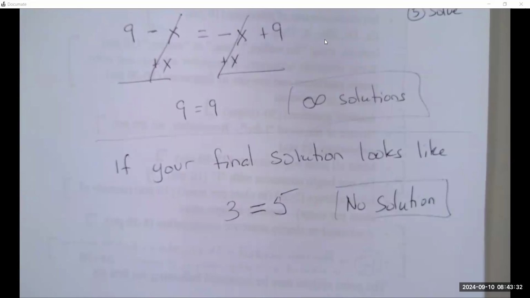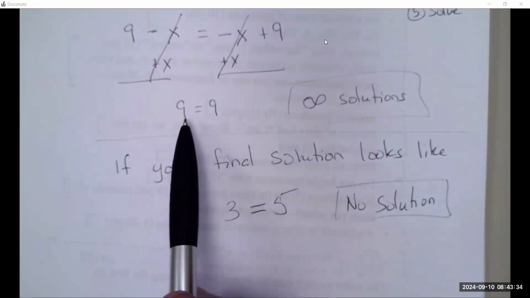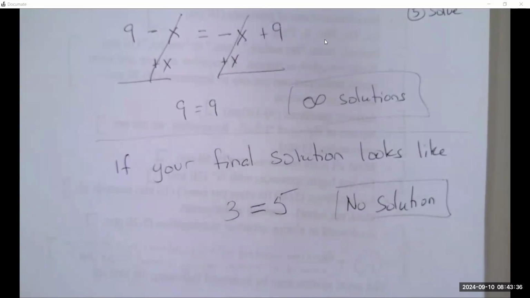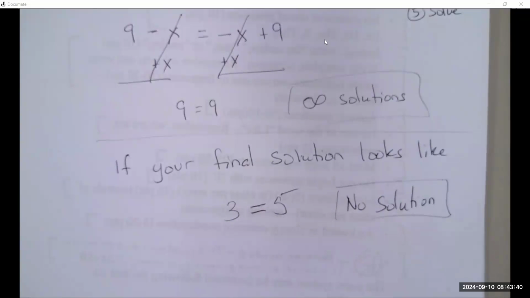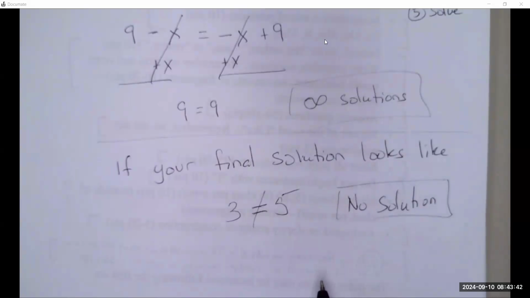So if the variables disappear and what you have left are equal, then you have infinite solutions. If they cancel and you have something that's not equal, then you have no possible solutions. Anything else will have an x in there and you'll have an answer.